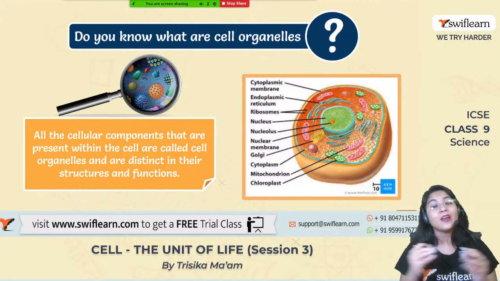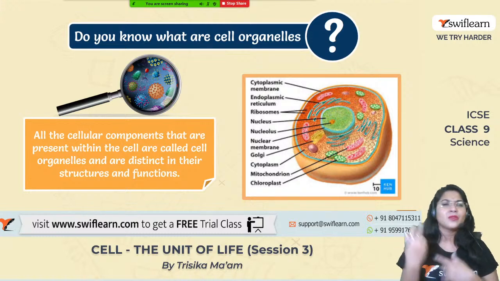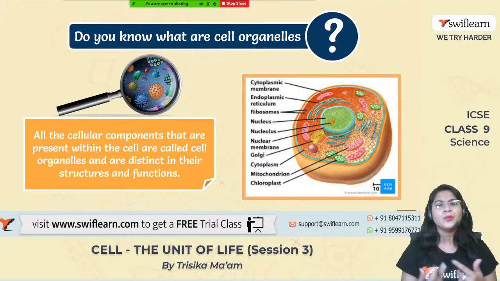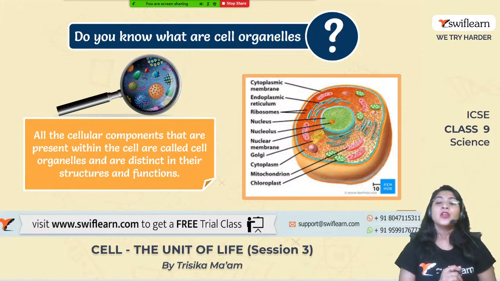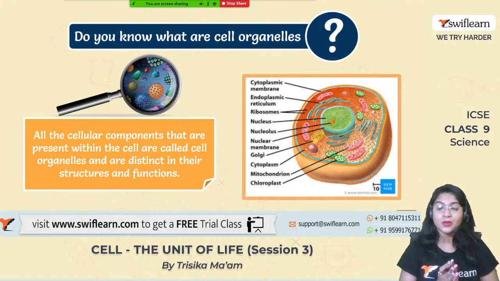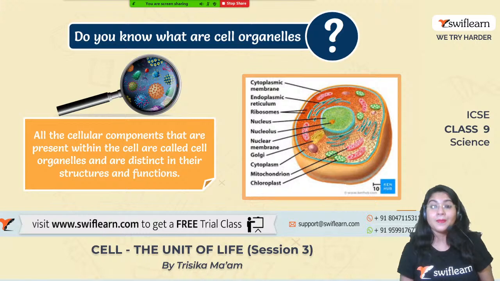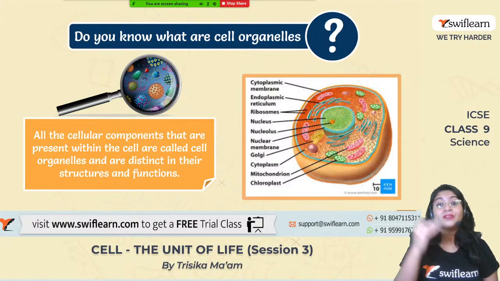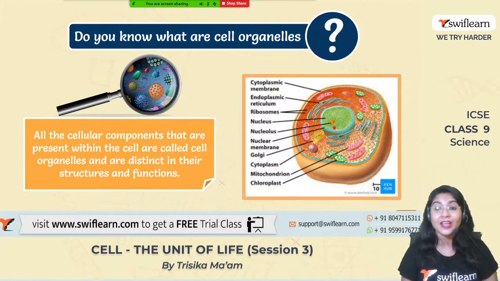It can be the ribosome, lysosome, nucleus, Golgi apparatus, plastid, mitochondria, centrosomes. So these are the different types of cellular organelles which are present within the cytoplasm. Today mainly we will study the rest of the cellular organelles, their structure and their function.